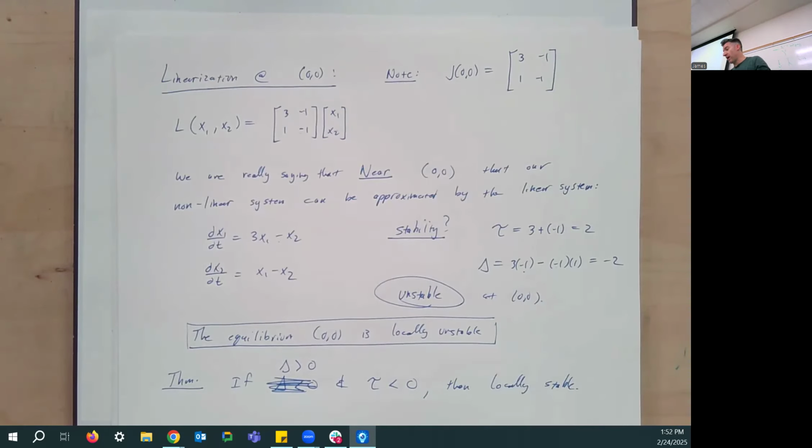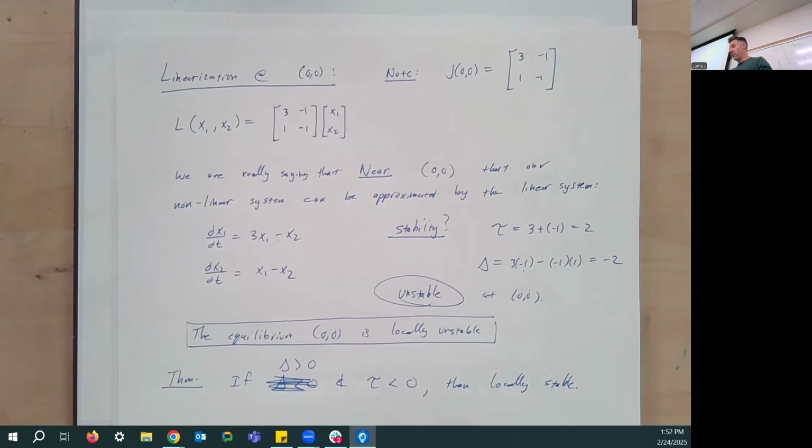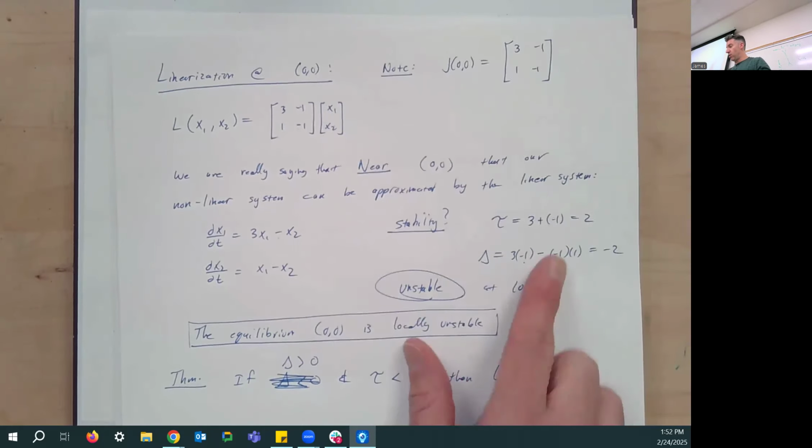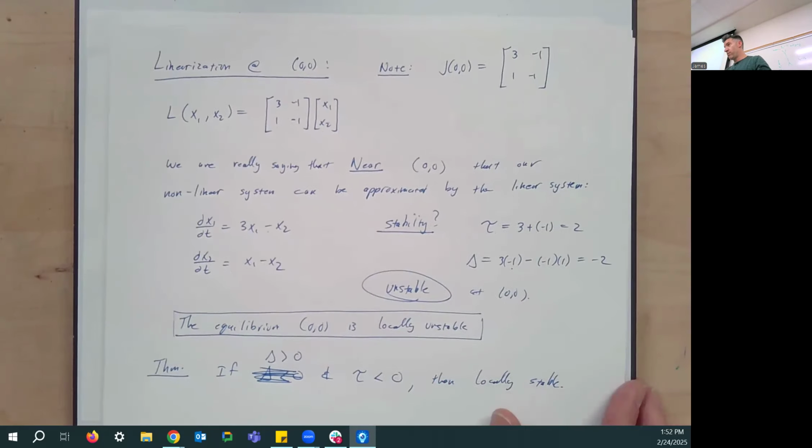So if I had found the eigenvalues here, I would have gotten one positive, one negative, and I would have known it was unstable because I know that would lead to a saddle-ish thing.